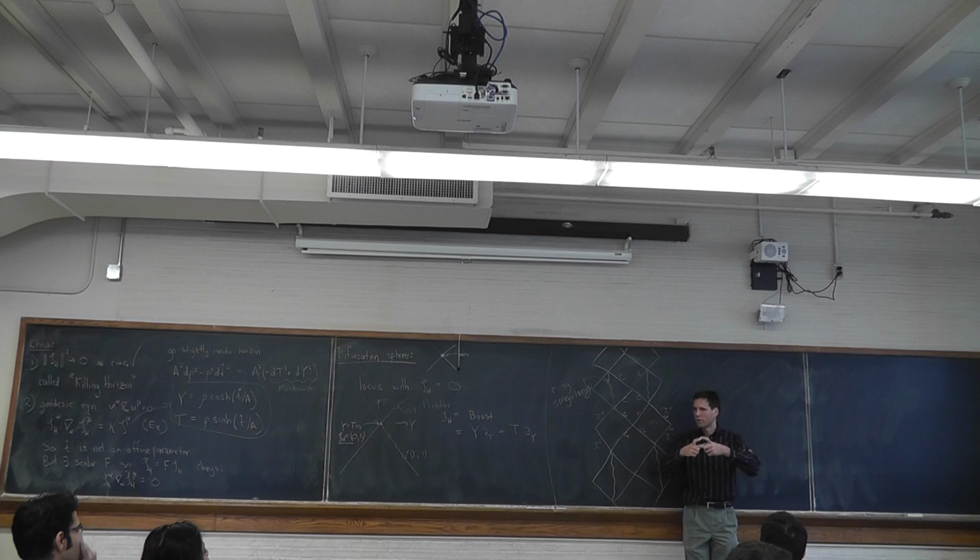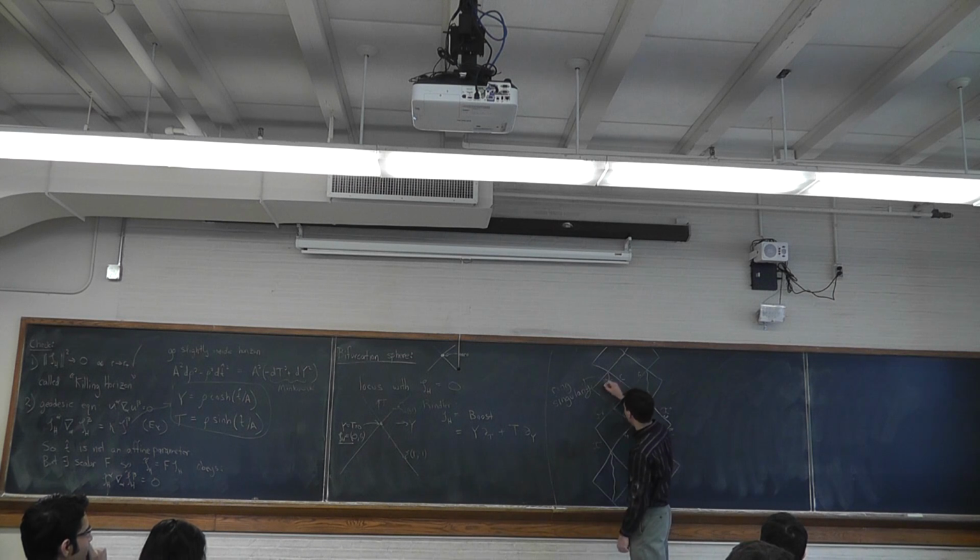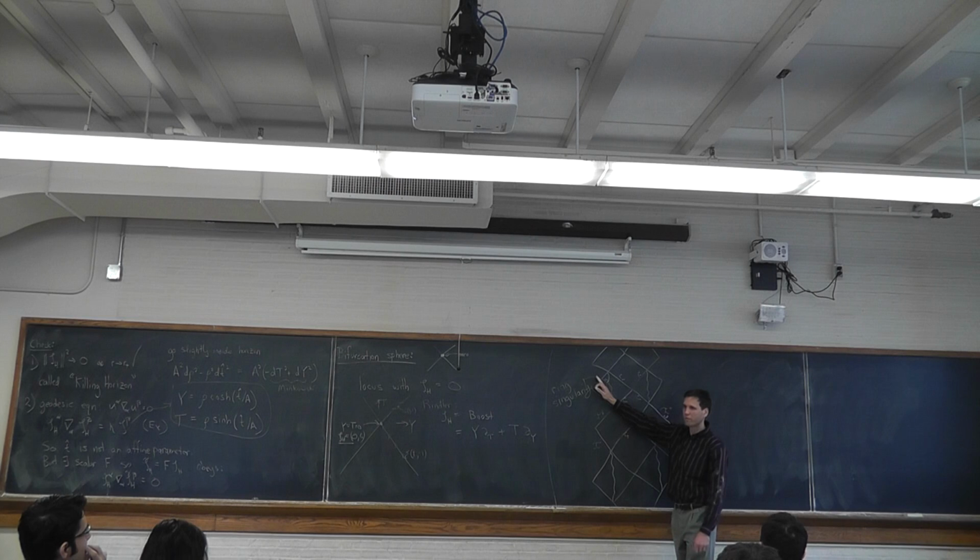So at a given point in time, there's a singularity shaped like a ring, and that means that you can go past the singularity and come out the other side of the ring, and that's this region. So this is another flat region on the other side of the ring singularity.